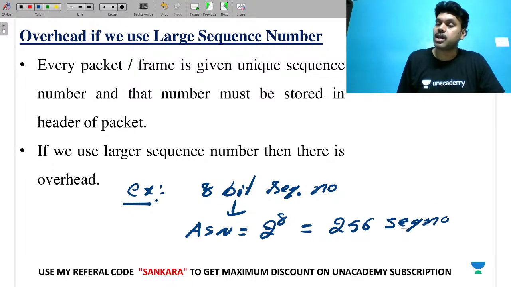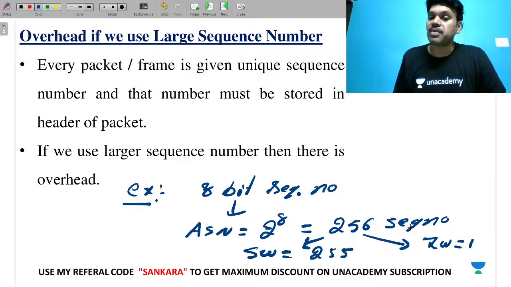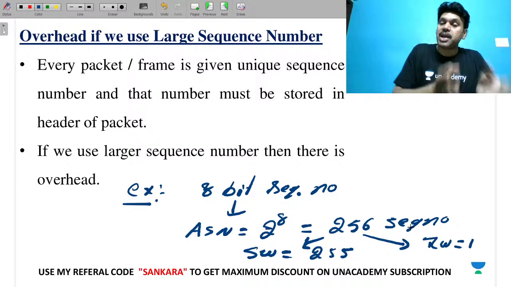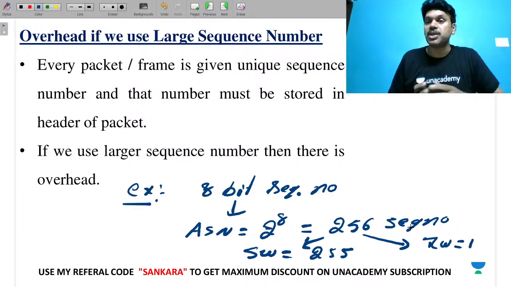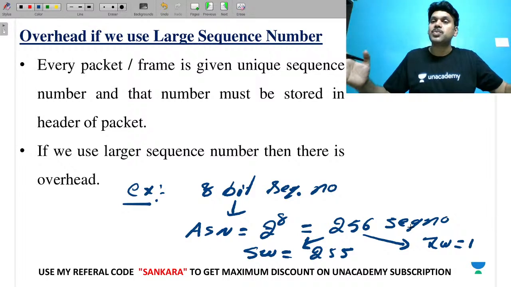Sender window size is only n minus 1, that is 255, and receiver window size is 1. Therefore, you need much more buffer capacity to store the outstanding frames which you have transmitted. You need to maintain that much buffer size. Your window is this much.